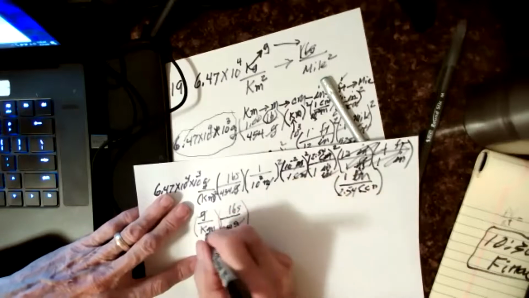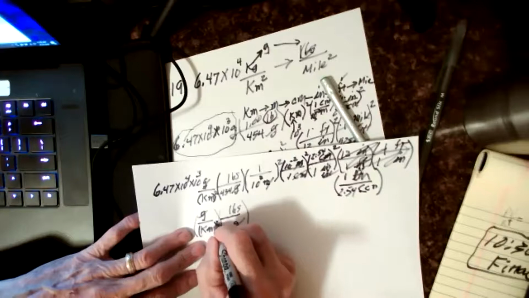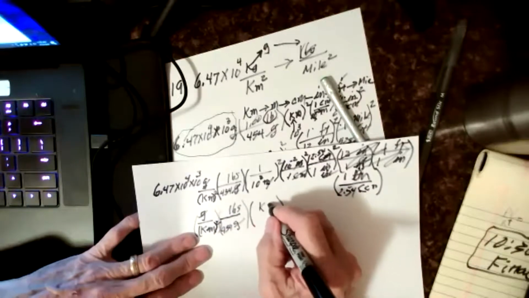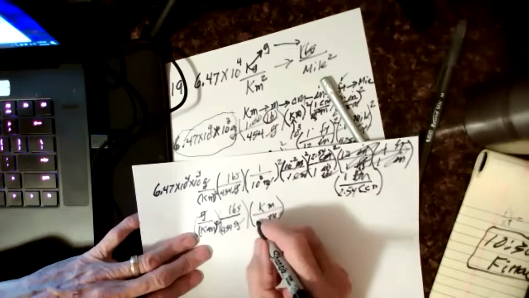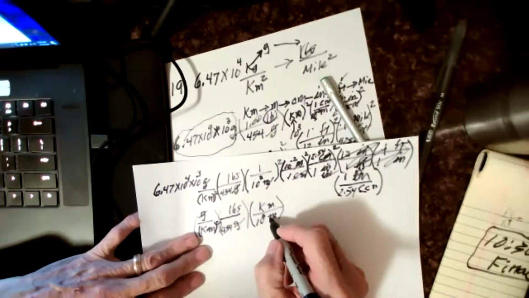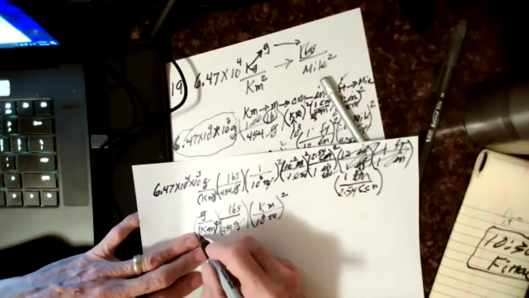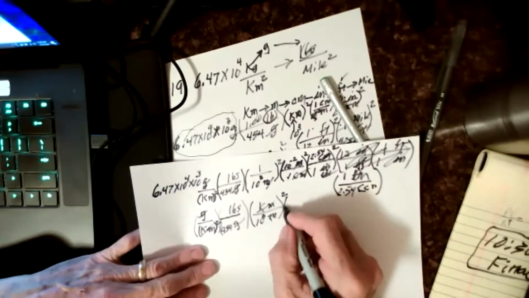Now I've got pounds per kilometer, and the kilometers is squared. So I want to go from kilometers to meters, and this is a 10 to the third. And now that'll get to meters, and that unit is squared. So now kilometers squared are gone, and now this is meters.